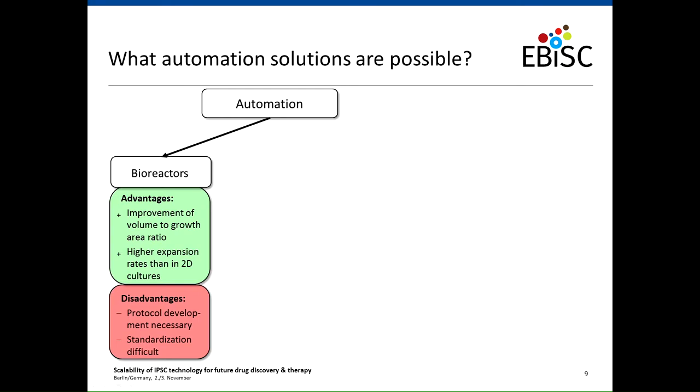But the disadvantages here are that for bioreactors, you really have to make a completely new protocol development, because your standard SOPs that you have for your manual culture cannot be transferred to a bioreactor. That's not possible at all. That means you need some time to develop and adapt your new protocols. And also standardization is quite difficult, working in this large volume.